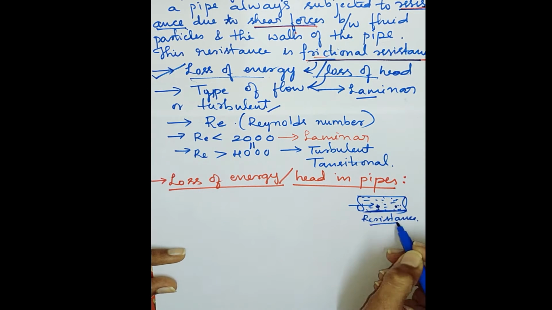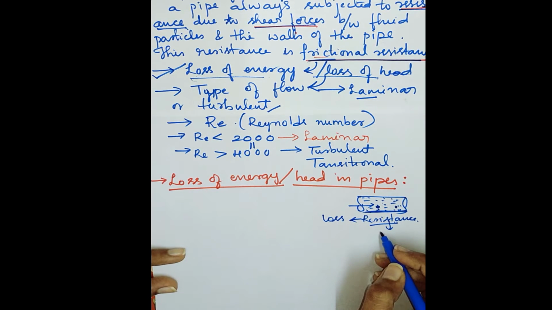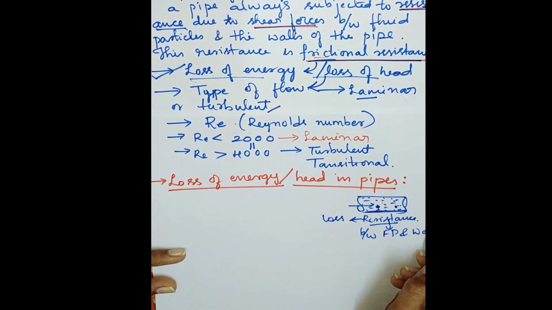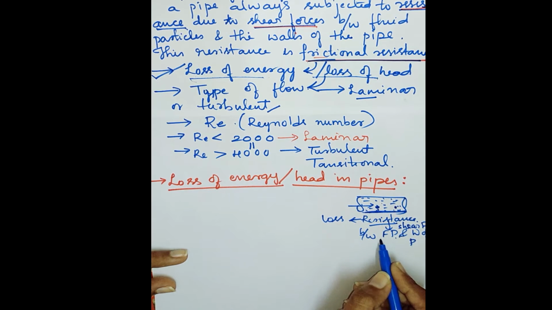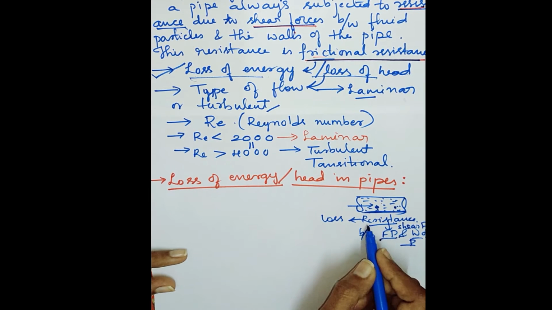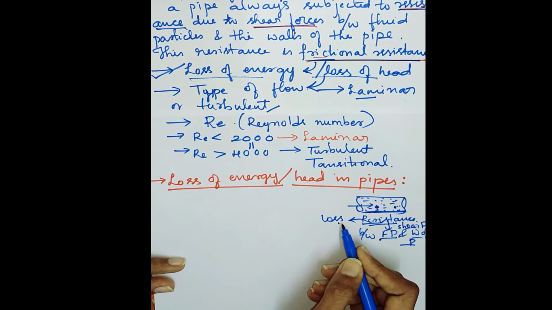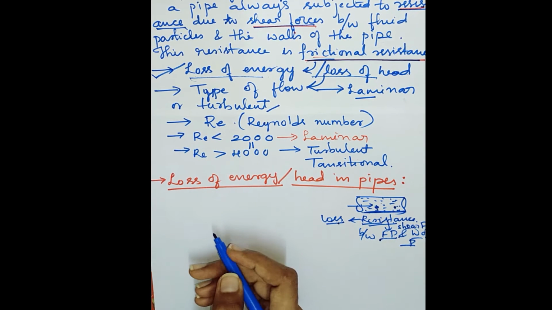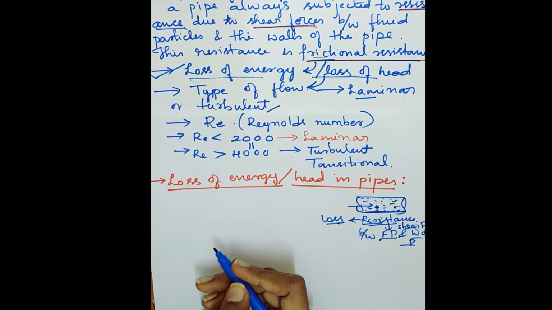Due to that resistance, the loss will occur. So the resistance is between the fluid particle and the wall of the pipe. Due to that resistance of flow, the loss of energy is going to occur.